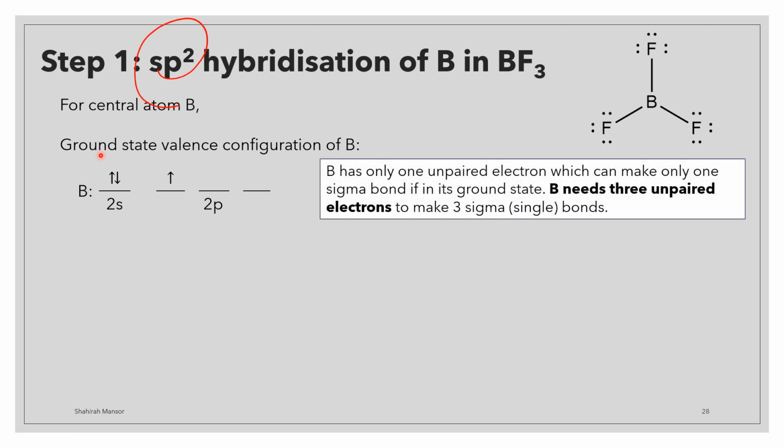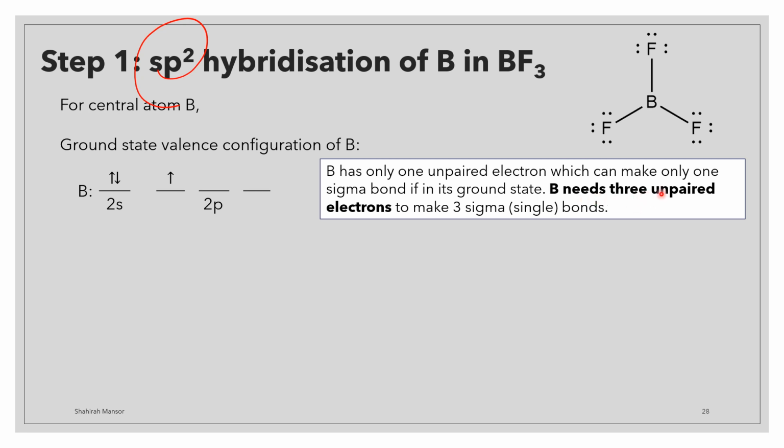According to this valence configuration at ground state, boron has only one single electron. So with only one single electron, boron can only make one sigma bond. But in this Lewis structure, we find that boron makes 3 covalent bonds, so boron must have 3 unpaired electrons.